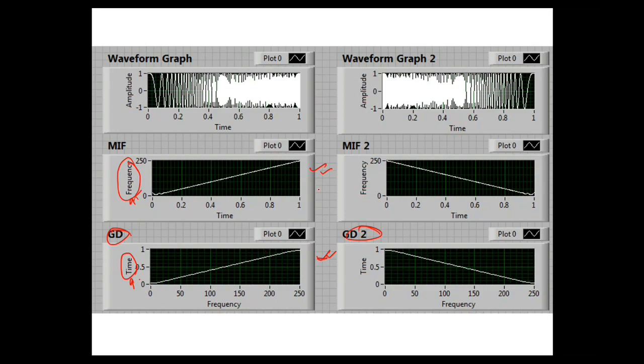In both the cases, if you compare these two things, you will see with an increase in time, your frequency component increases. Similarly, over here, with an increase in time, our frequency component decreases, right? That means our mean instantaneous frequency and group delay are providing similar information. But stop here before making a concrete decision.